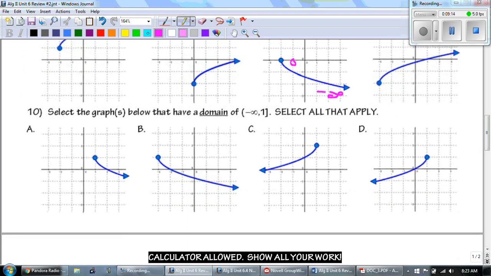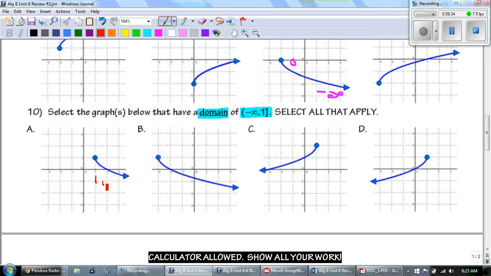All right, number 10. It says to select a domain of -infinity to 1. Now, I know this is different because these are all square roots, and we've never talked about square roots that have a domain of -infinity. So we're going to look a little bit different.